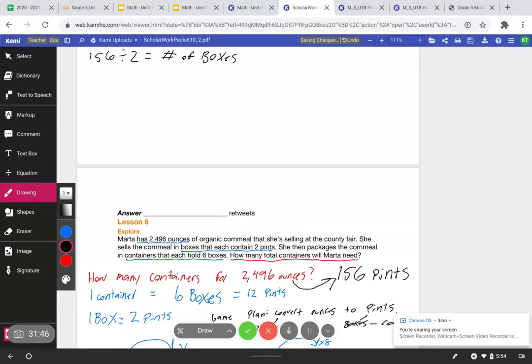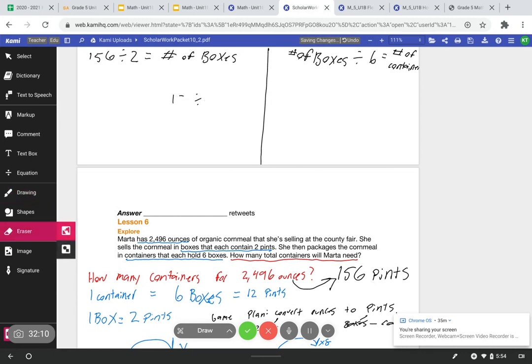And then I'll divide the number of boxes divided by 6 so you know the number of containers. I can't fit the whole word there. We could just do this 156 divided by 12, and I'll do that at the end just so that you see that it will turn out the same number.